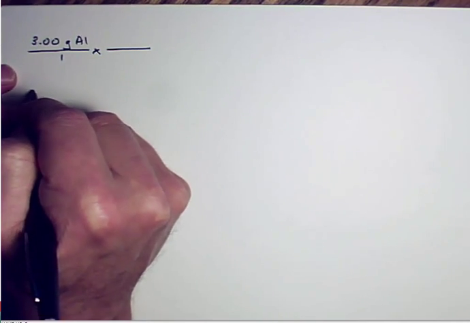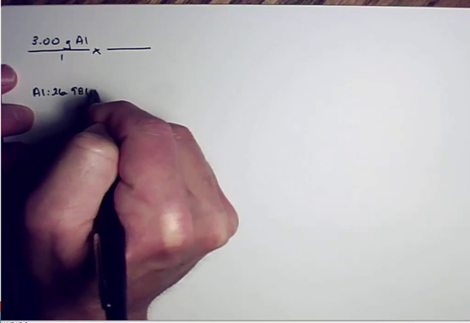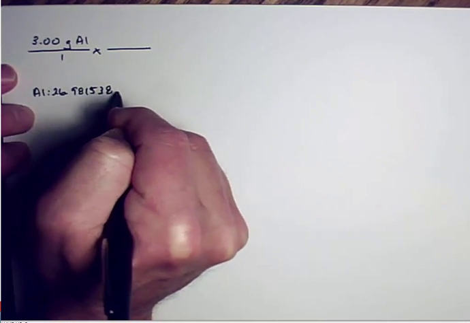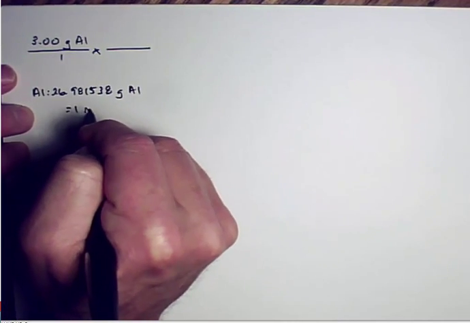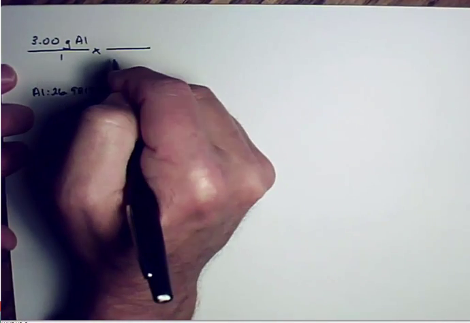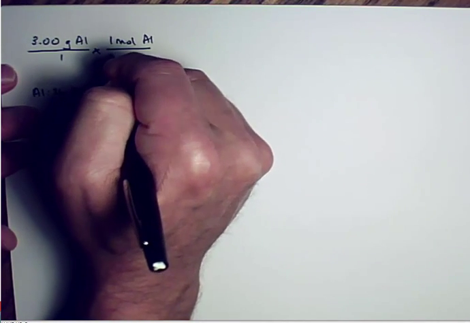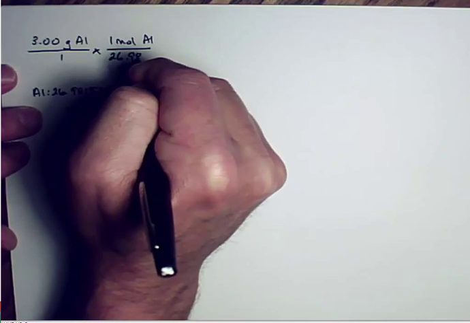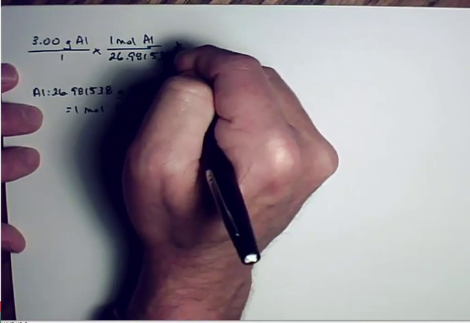The atomic mass of aluminum is 26.9815. Very good, guys. Aluminum, and that's equal to 1 mole of aluminum. So you put 1 mole over 26.981538. You don't have to round it, because there's nothing to round here.